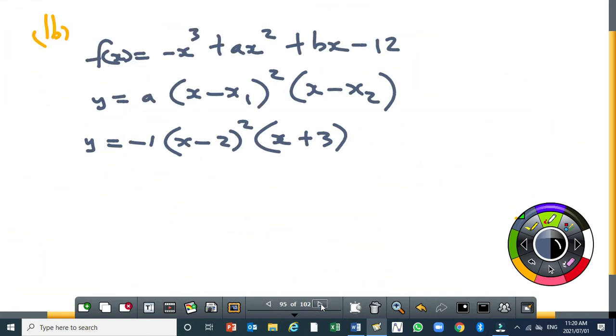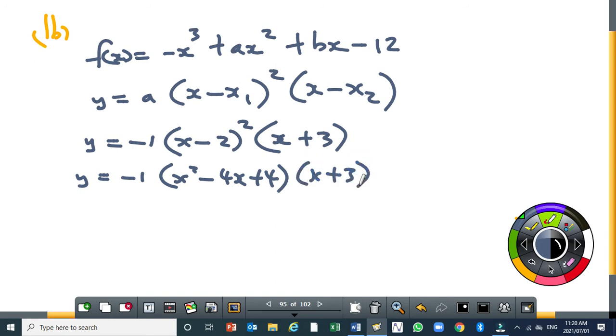Then from here, let's simplify. We get minus 1 times x minus 2 all squared, it will give you x squared minus 4x plus 4. That will multiply x plus 3. Then y will be equal to minus. Allow me to remove the circular bracket. So x squared times x, I'll get x cubed. x squared times 3, I'll get positive 3x squared.